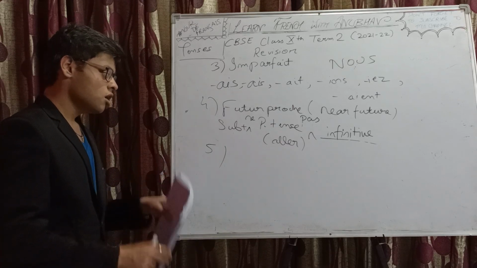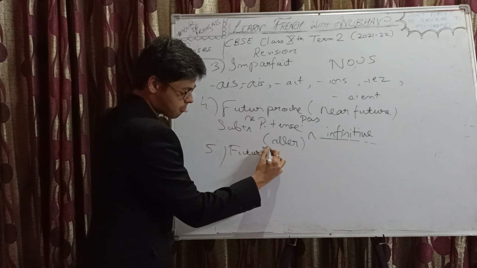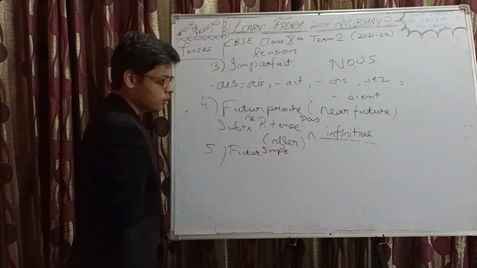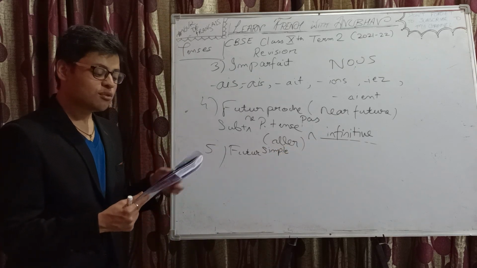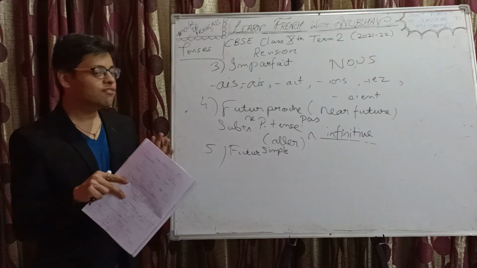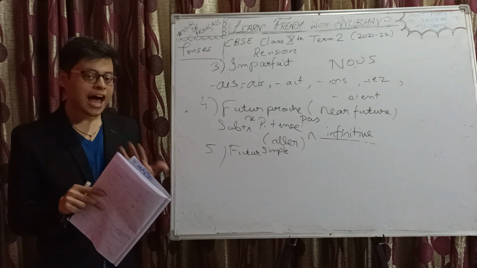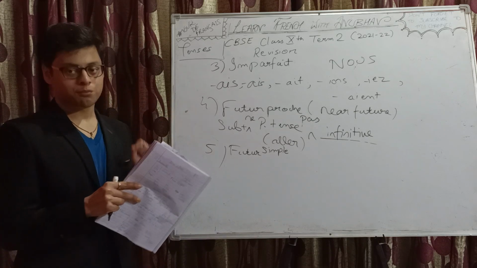Fifth, futur simple. Again, easy. Name is very evident. Simple future, right? A future event, not as recent as futur proche. It's in the future, it will happen, but not as near as compared to futur proche.